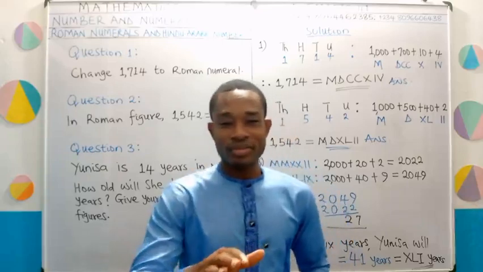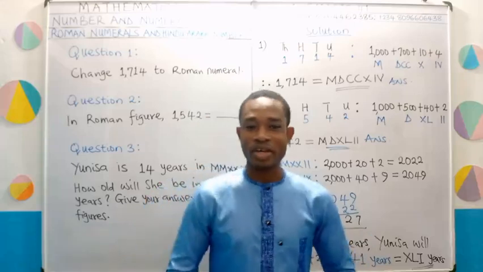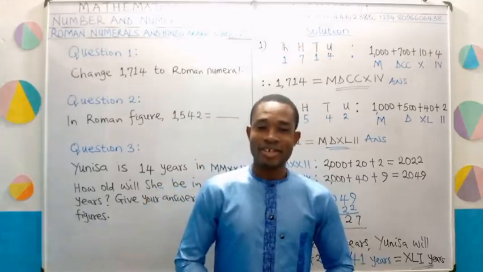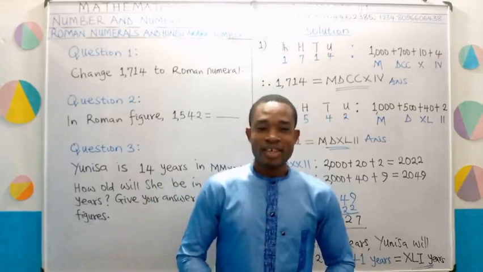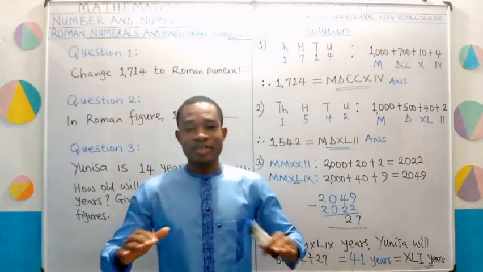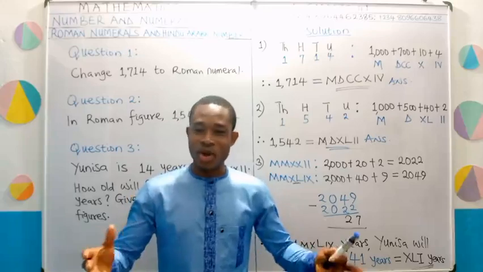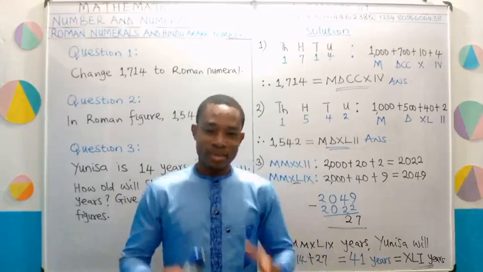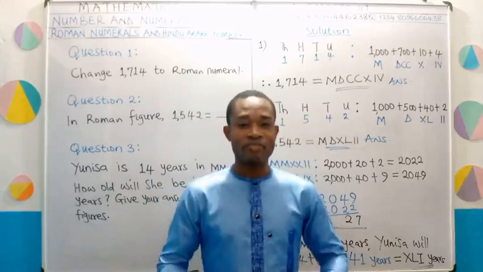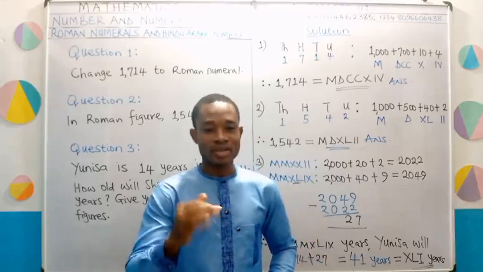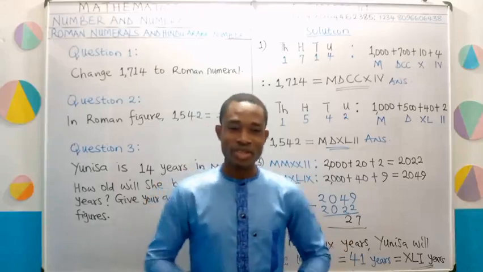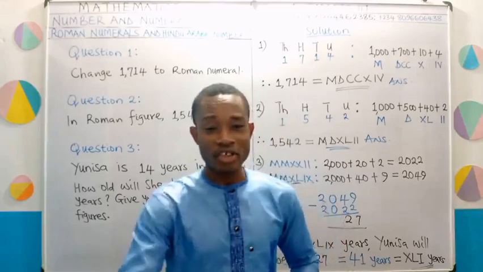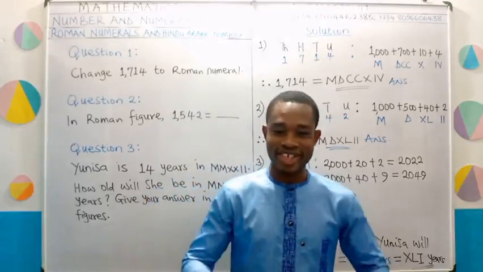If you have any question, please send the question straight on and you get a response. And if you think that you now understand everything on Roman numerals and Hindu-Arabic numerals, below the lesson notes of this video lesson, you have the quiz on this topic. 10 questions as usual, take them and remember the target score, 10 over 10.